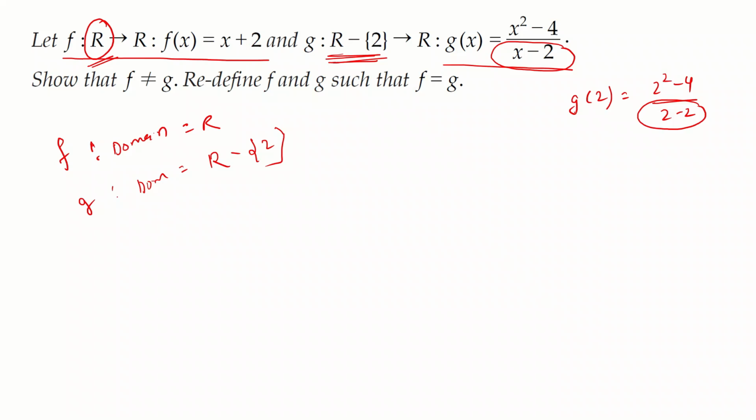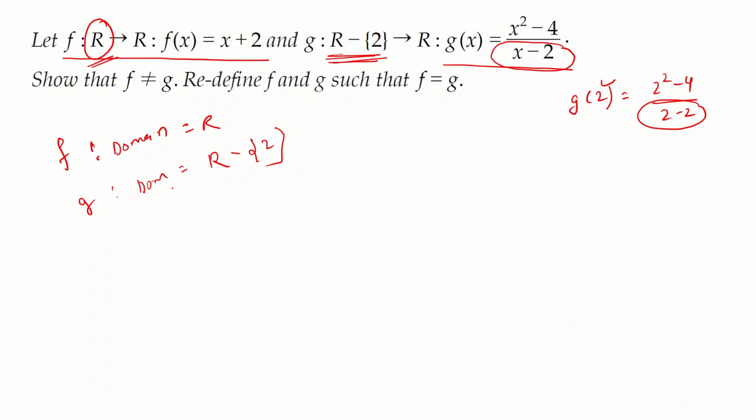That is why 2 cannot belong to the domain, because as per the definition of a function, for every point in the domain there has to be some image, but corresponding to 2 we do not have any image. So we have to exclude 2 from the domain, because for every point in the domain the function has to be defined. It cannot give you undefined values for any point in the domain.